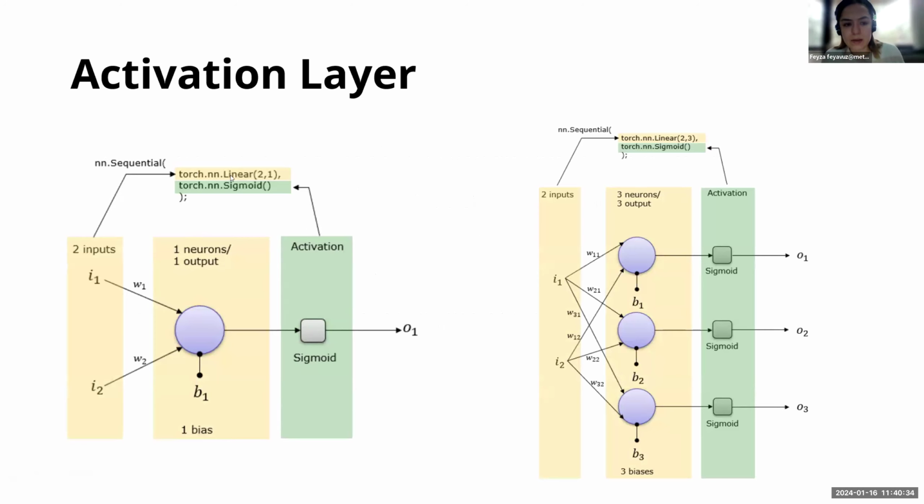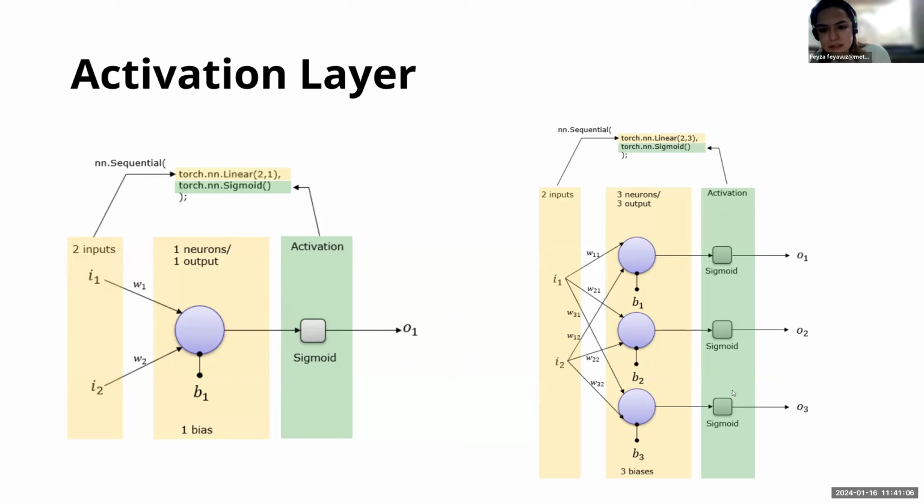So let's continue with our example. Let's say we have a linear layer and then we have a sigmoid activation layer on top of it. So if we have the output E1 times W1 plus E2 times W2 plus B1, then we send it as an input to our sigmoid activation layer, and the output of this sigmoid function will be our overall output. And here, let's say we have multiple outputs, such as O1, O2, and O3.